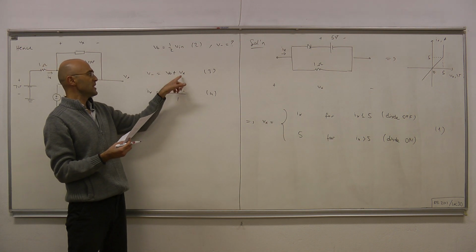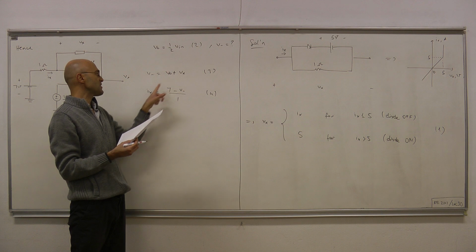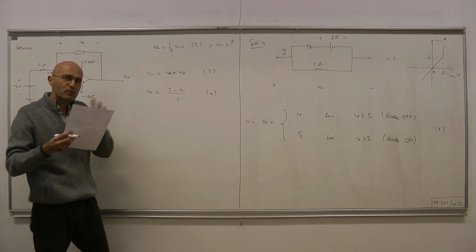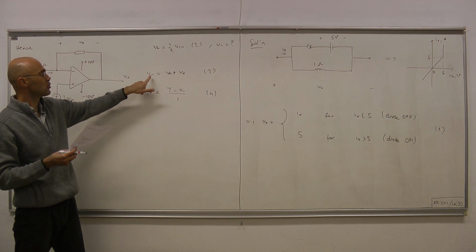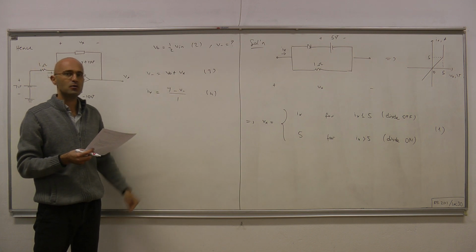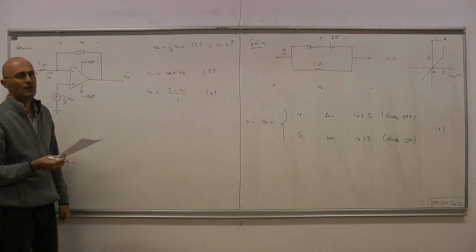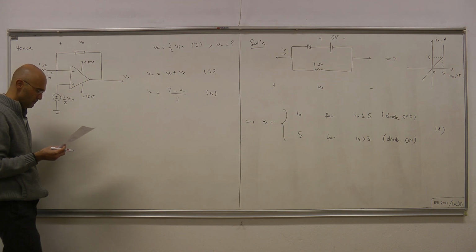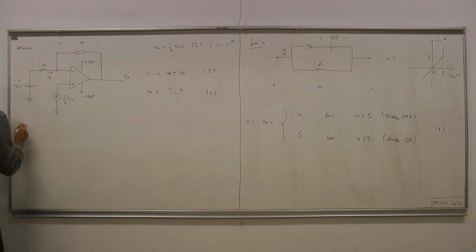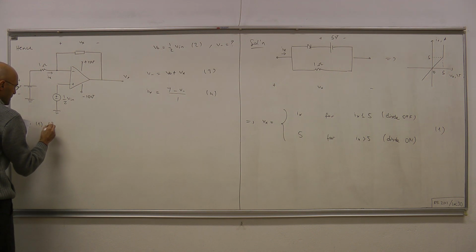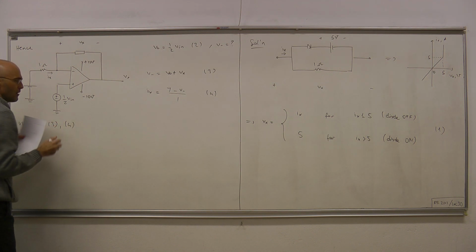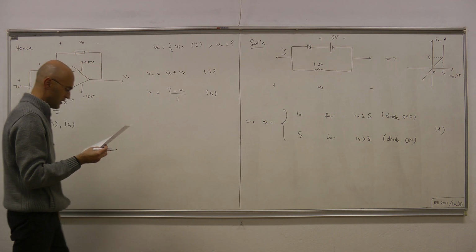So by removing Vx and Ix from the picture, we will obtain a relation only in terms of V minus and V out. And that's what we want. We want V minus in terms of V out. So let's do that. Using 1, 3, and 4, we can write the following.